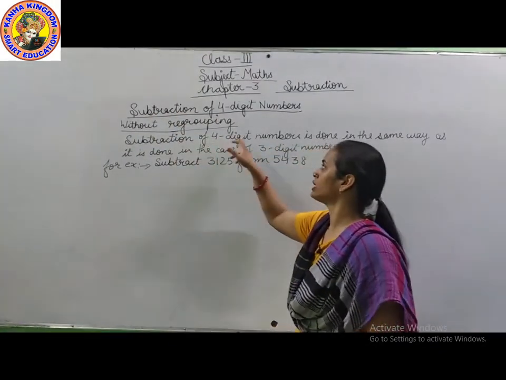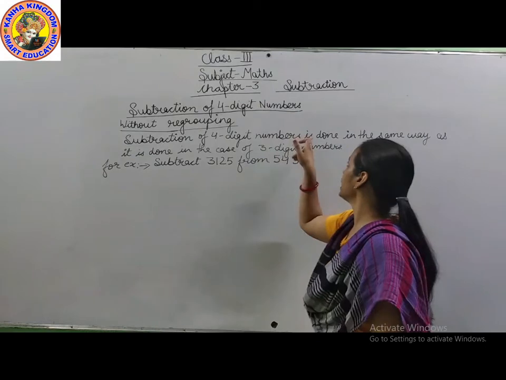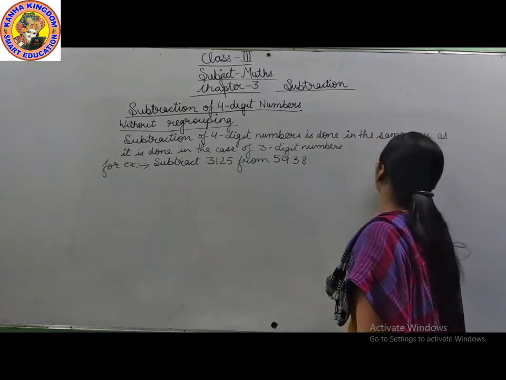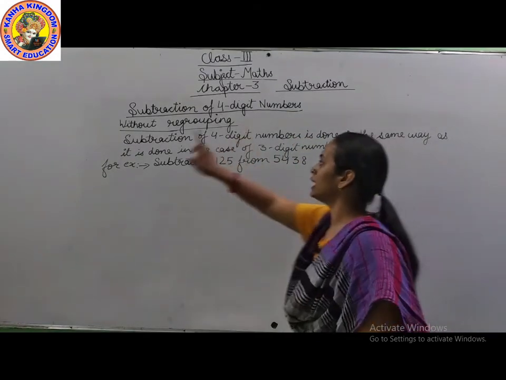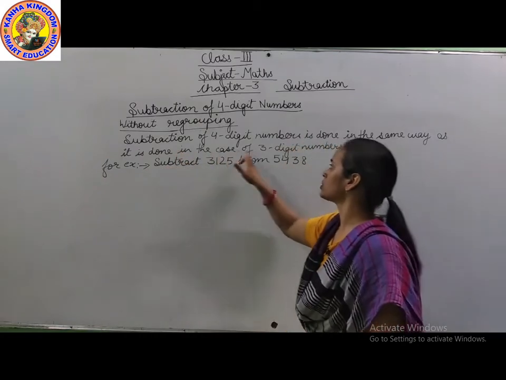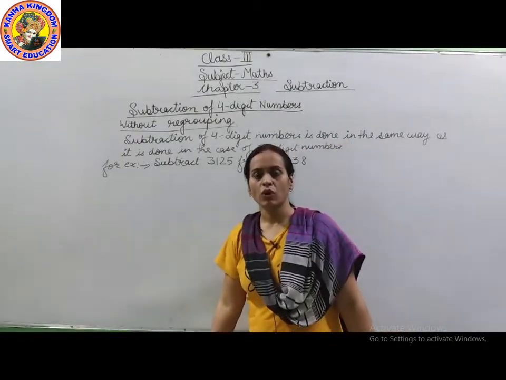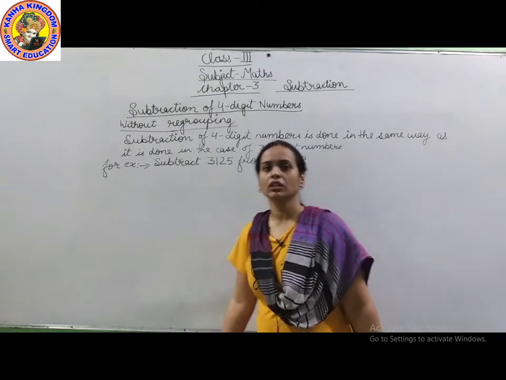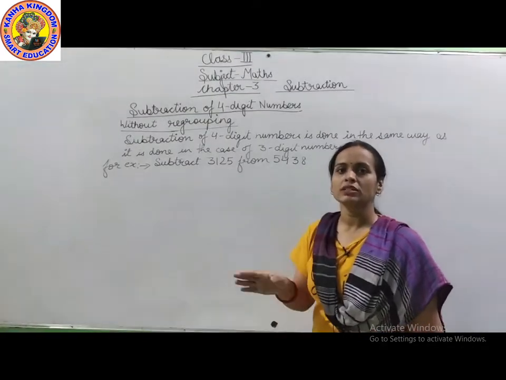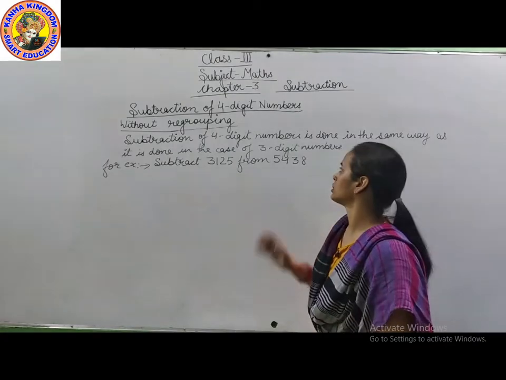Subtraction of 4-digit numbers is done in the same way as it is done in the case of 3-digit numbers. We solve 4-digit subtraction just as 3-digit numbers.